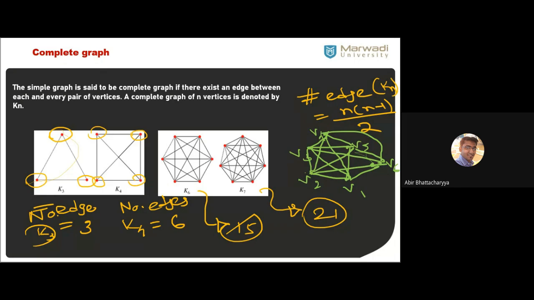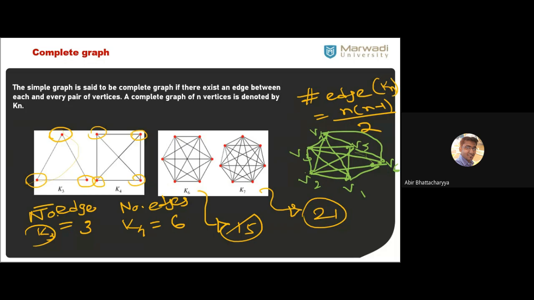But it is not necessary in a simple graph that all vertices are connected to each other. In a complete graph, all vertices must be connected to each other. If I draw a square, a square is a simple graph, but not a complete graph.